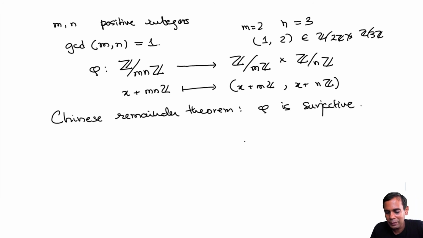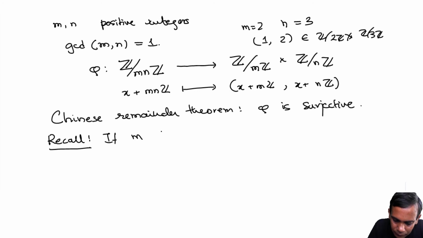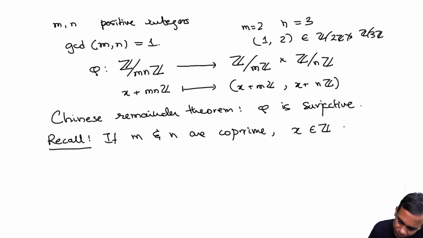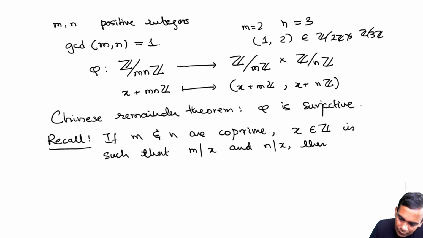And we can prove the Chinese remainder theorem easily, or rather deduce it from a very basic fact in number theory, that if m and n are co-prime, and x is an integer such that m divides x and n divides x, then m times n divides x.